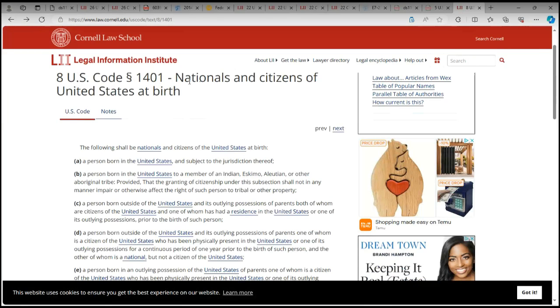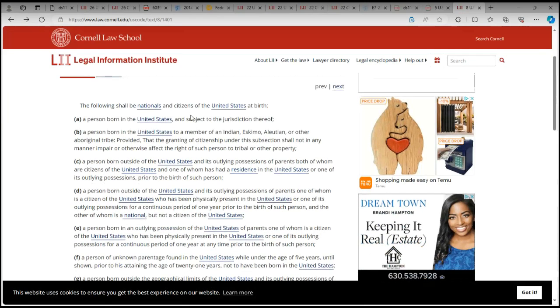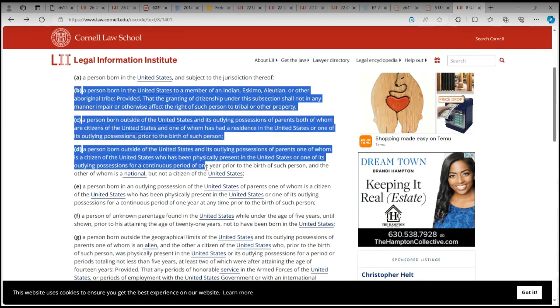So this is the definition of nationals and citizens of the United States at birth. This is us. We're both of these. We both have a nationality and citizenship of the United States. And then they have all these other ones that do not apply to you.